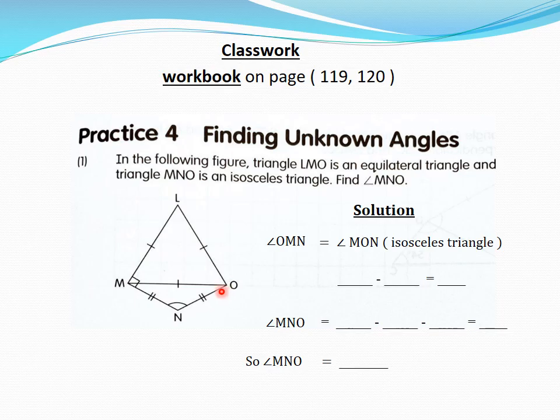If you know one side angle O, if you know one side angle M, so we can find the vertex angle N by taking 180 minus one side, minus one side. So we know the answer of angle N. So teacher cannot find all the numbers for you, but I give some clue for you. Try to think and use your own operation. Okay.